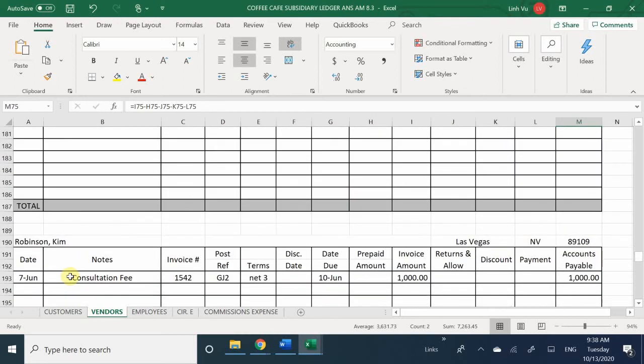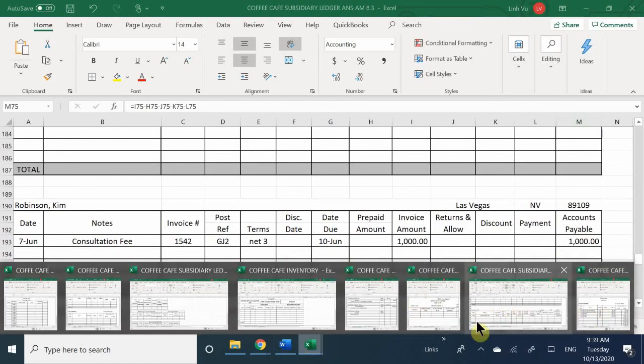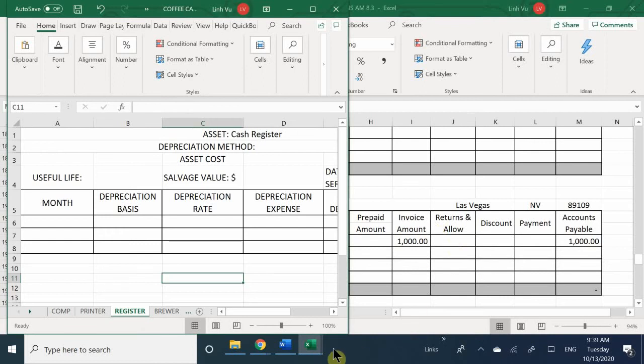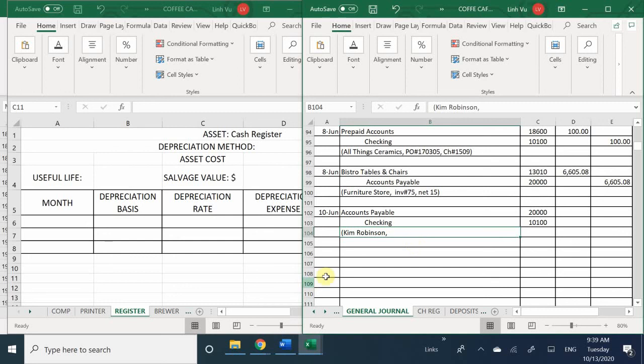So here's restaurant Kim Robinson. The invoice was 1542. So I'm going to go back to my journal, and I'm going to indicate that this was for the invoice number 1542, and I paid it with a check number 1510.